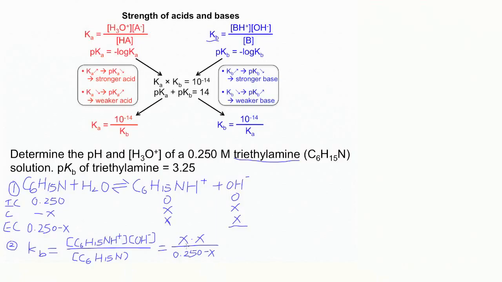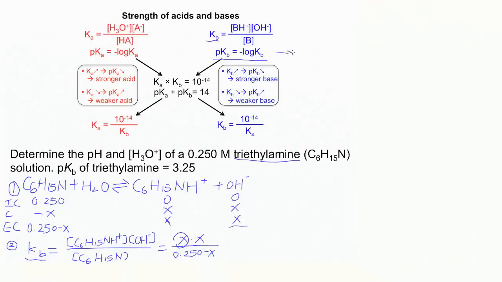Okay, when you reach here, you have to think. In order to solve x, you have to know the value of Kb. Here, the question tells you the value of pKb. How do we find out the Kb? So here is the equation that we need. Since pKb equals negative logarithm of Kb, once you have the pKb, you can calculate the Kb value.